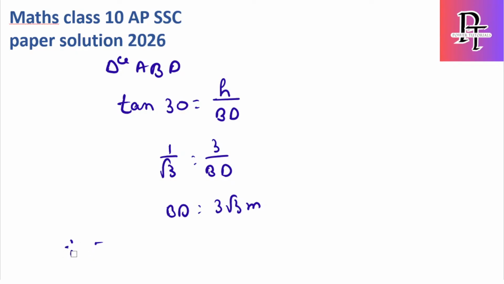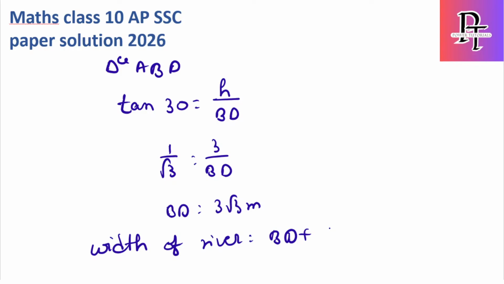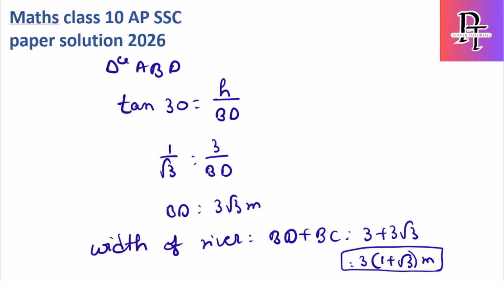Width of the river is equal to BD plus BC, which are 3 plus 3 root 3, or I can also take 3 common, this becomes 3 into 1 plus root 3 meters. Have they provided the root 3 value in the question? No, so you can directly stop here, which is 3 into 1 plus root 3 meters is the width of the river.